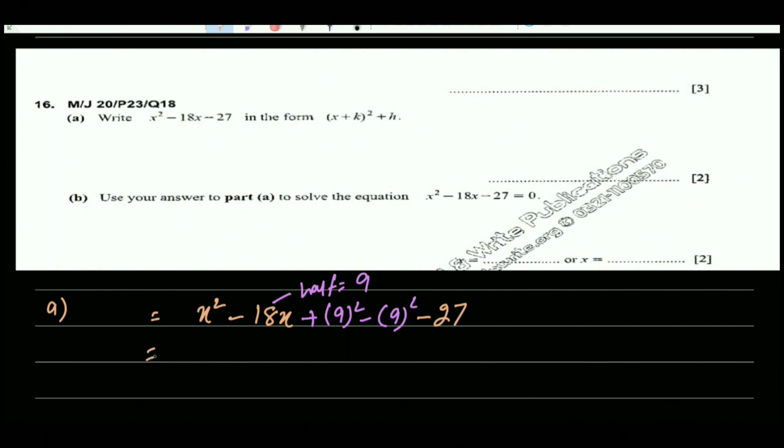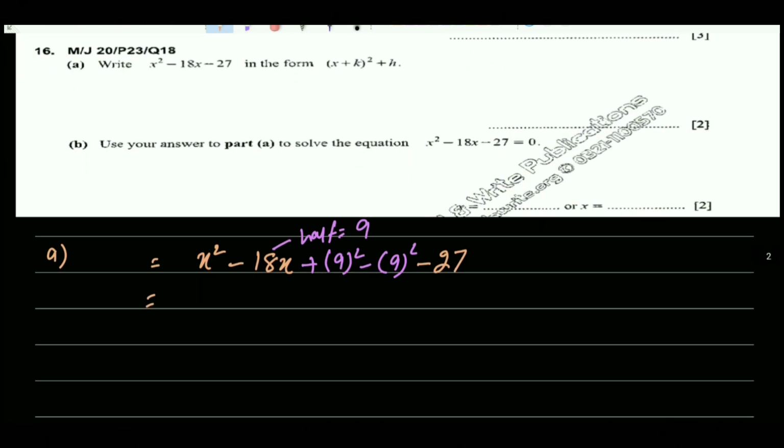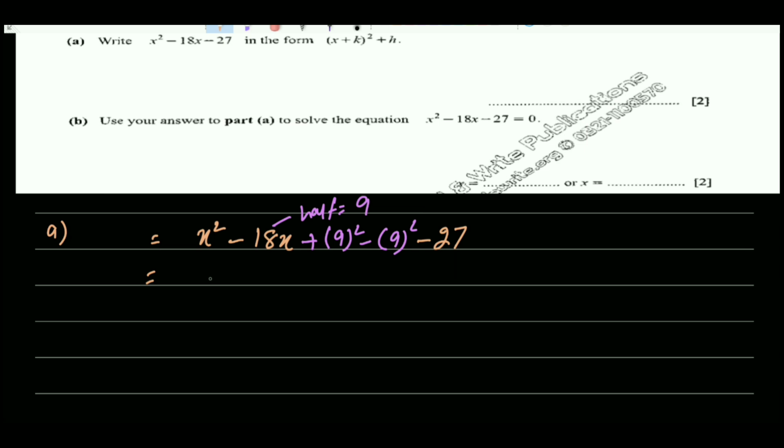What is the next step? The first three terms will make a formula, (a plus b) whole square or (a minus b) whole square. As we can see, this is minus here, so it will make the (a minus b) whole square formula. From the first term we will take x, from the second term we will take the sign, from the third term we will take just the number inside the bracket. So (x minus b) whole square.